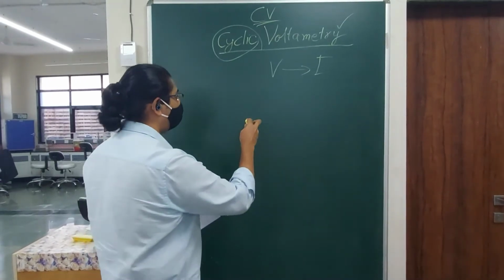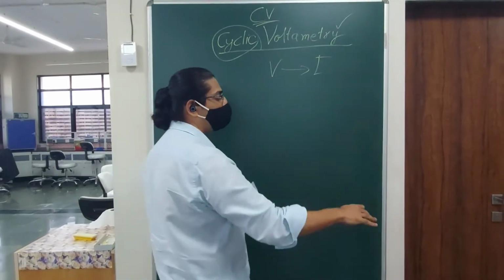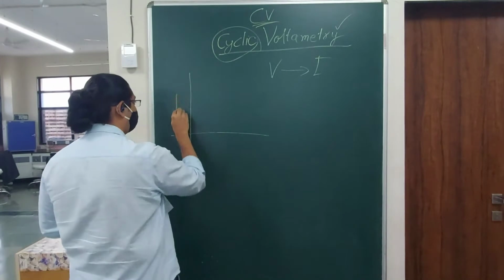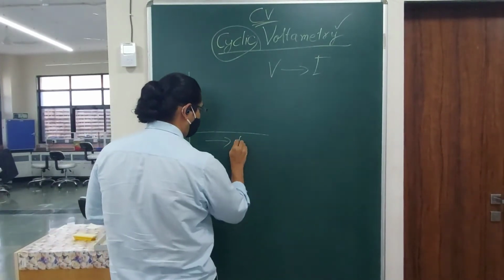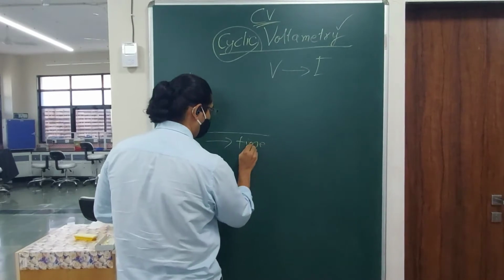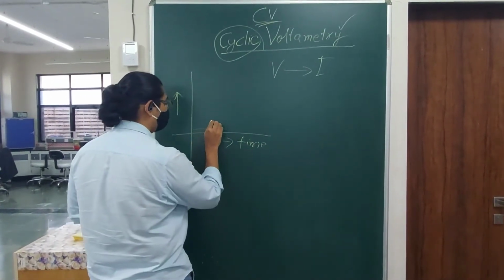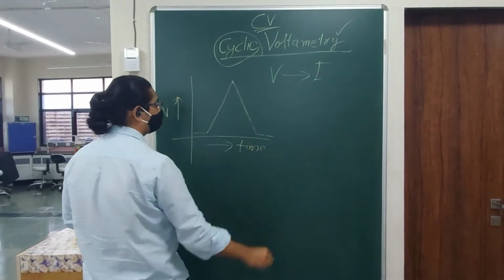Now cyclic would mean you increase, step up the voltage, then you go back, something like this. If I have voltage on the y-axis and time on the x-axis, you wait a bit, you step it up, you come down like this.